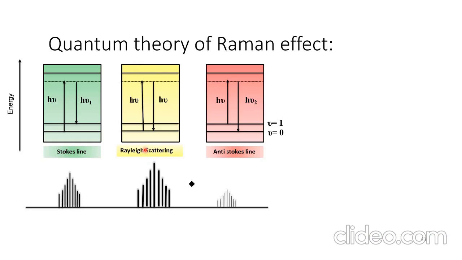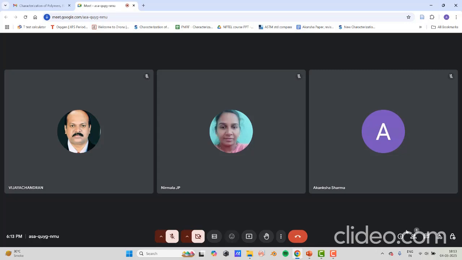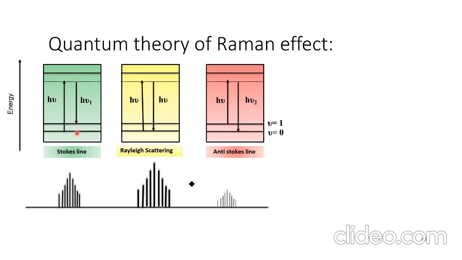So when the energy levels are quantized in the quantum theory, and the electron is getting excited and coming back to the same level, the Rayleigh scattering will occur. However, in the case of Stokes, the electron goes up to a higher level, but it again comes down to a level which is higher than the level of the initial or ground state from where it jumped.